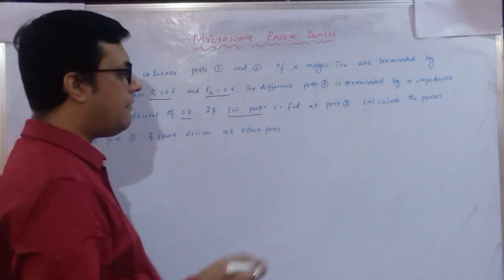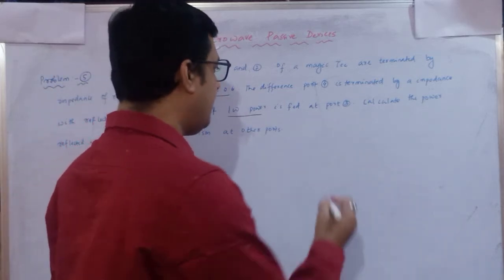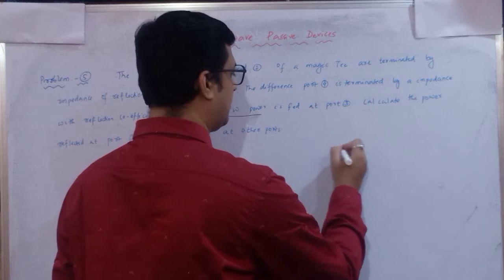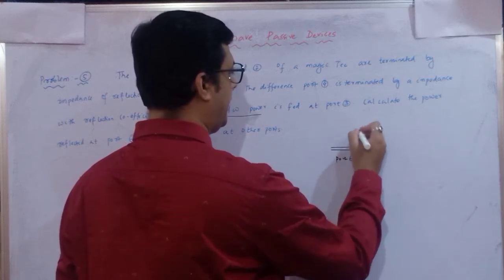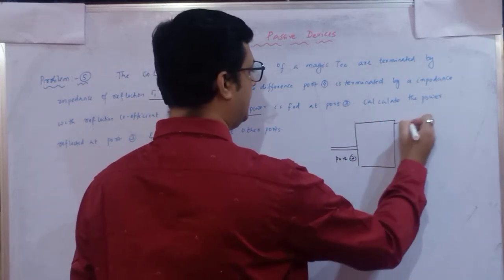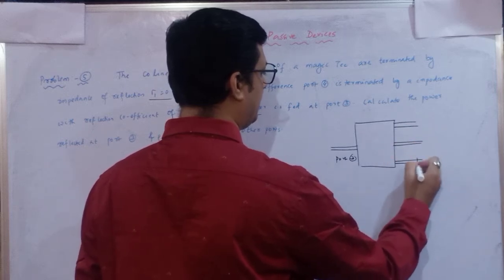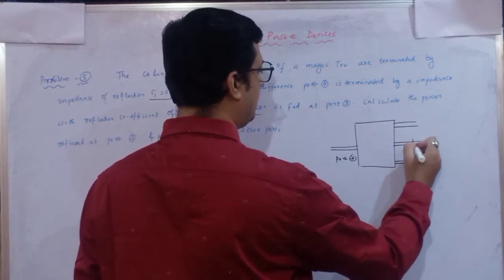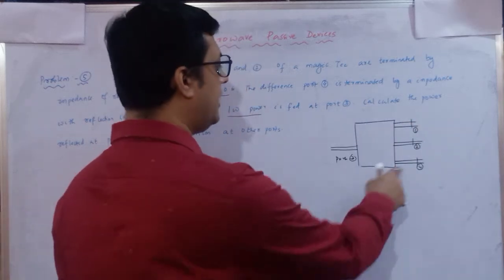Okay, so the reflected power at port 3 means B3. Let us consider this is a box: this is port 1, this is port 2, this is port 3, and port 4. From port 3 there is no link with port 4.